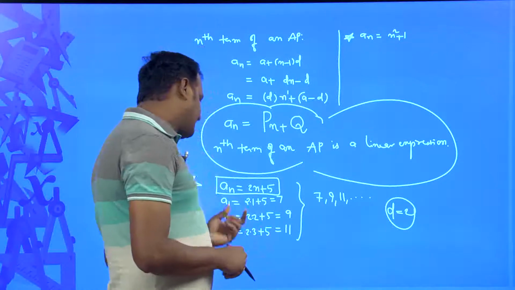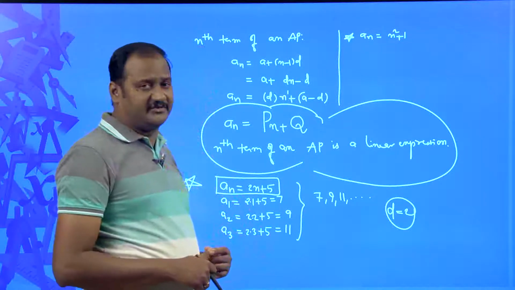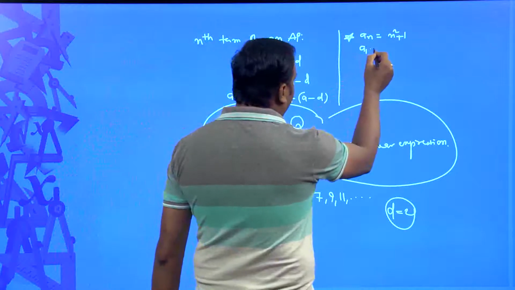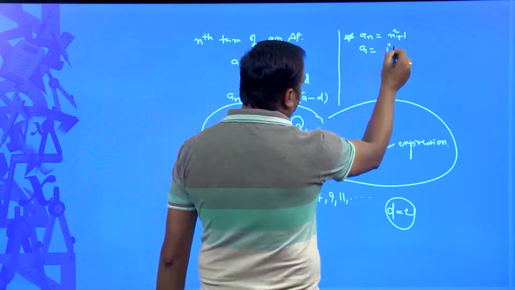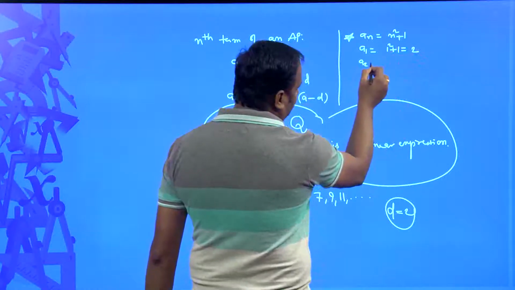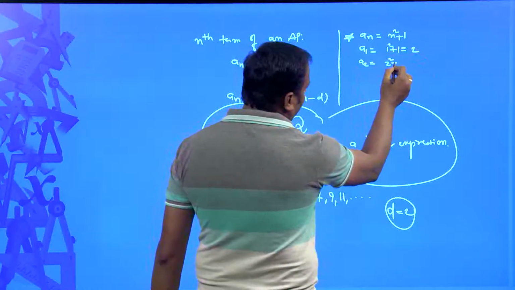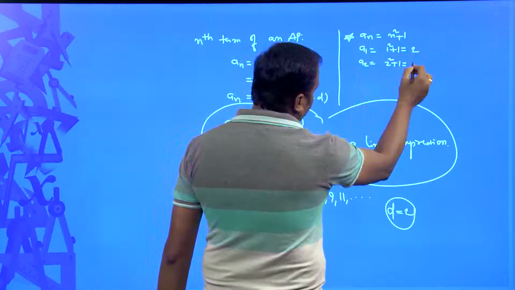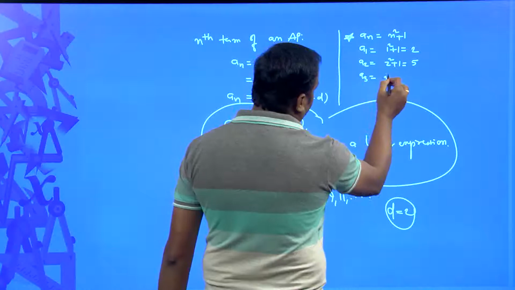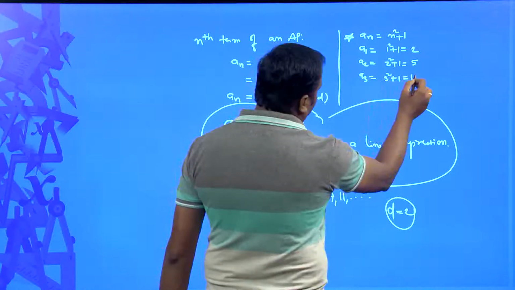For that, I must find a1, a2, a3. a1 is 1 square plus 1, which is 2. a2 is 2 square plus 1, which is 5. a3 is 3 square plus 1, which is 10.